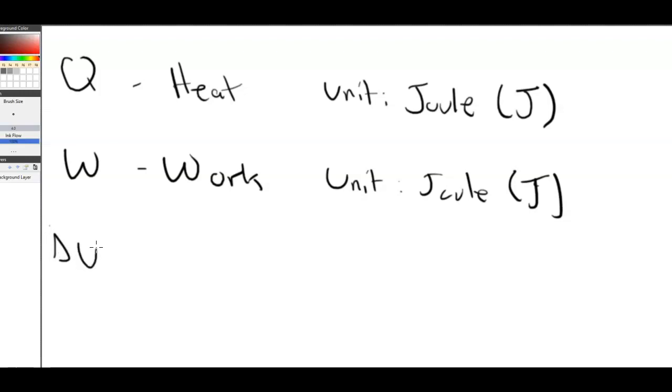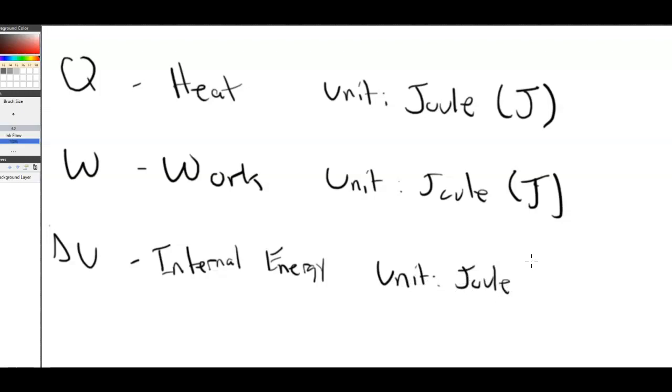Delta U stands for internal energy, and in problems you sometimes see this as energy absorbed or released. The unit is also the joule, so everything is measured in joules in this equation.